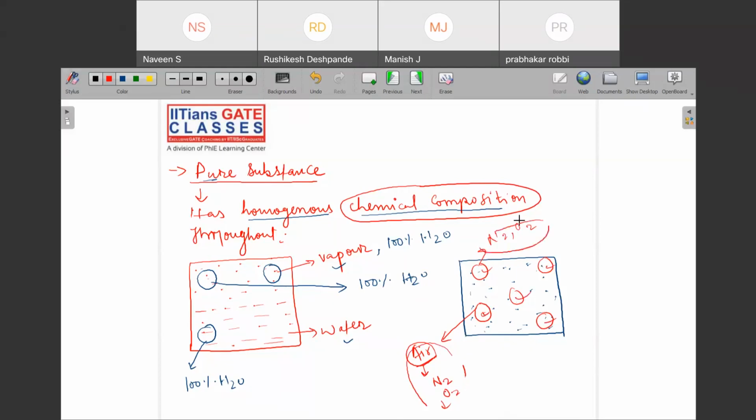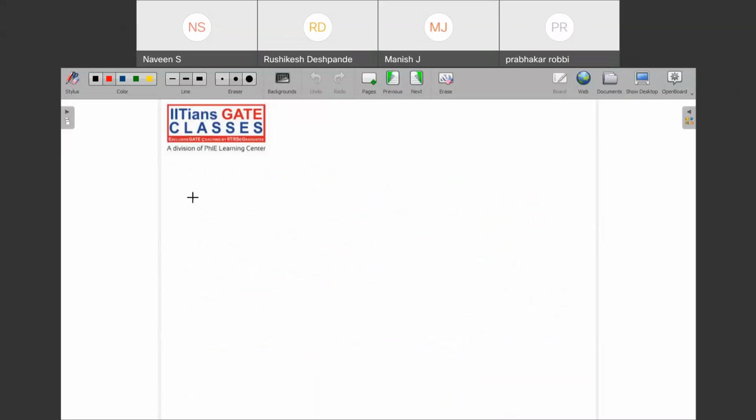Okay. Then what are the examples where we can see that there is no pure substance? Let us see, when we are picking a container in which there is some oil and water put into it. Oil is anyway having lesser density, so oil will get settled on the upper part of this container, right?